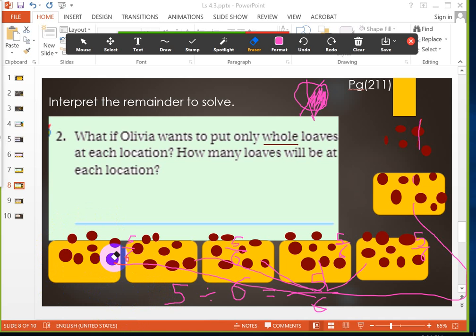Count the number of loaves. 1, 2, 3, 4, 5, 6, 7, 8. That means the number of whole loaves in each location will be only 8, without any pieces. Okay, girls? The answer in this situation will be 8.